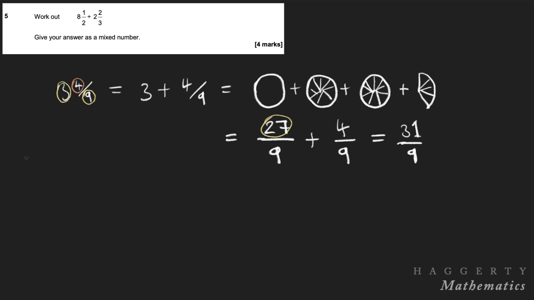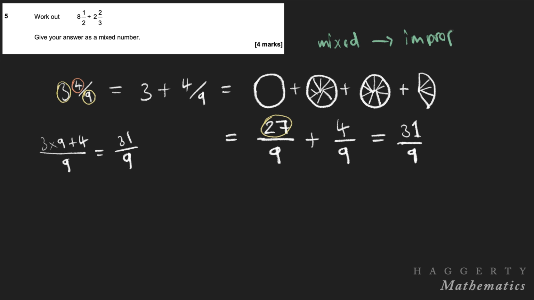So you do 3 times 9, then add the 4, and that's how many ninths you have, and then you just divide that by 9. That's generally how most people will remember this. So that's going from a mixed number to a top-heavy, or improper, fraction.